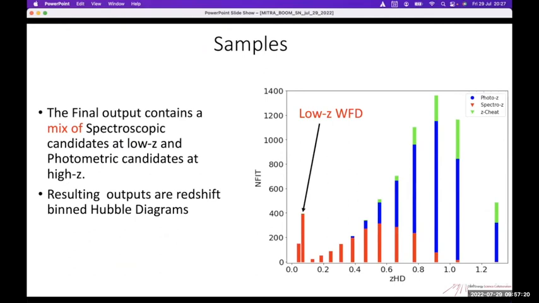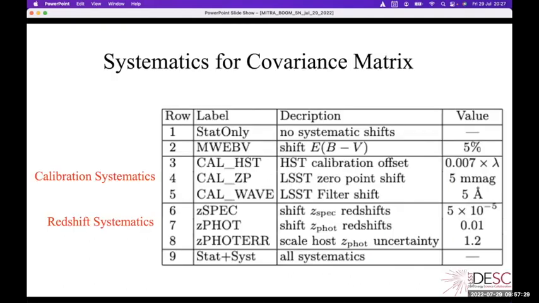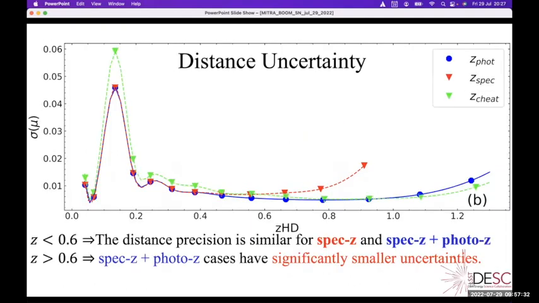Right, you do have more of a spectroscopic sample there, but if you ask like Gautam asked about this dip at low redshift, it's basically because there are very few candidates in that part, so there's just a statistical fluctuation. I don't know if that is the question we're asking. Okay, let's talk later. Thank you.